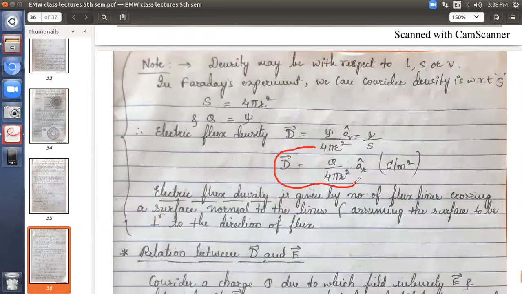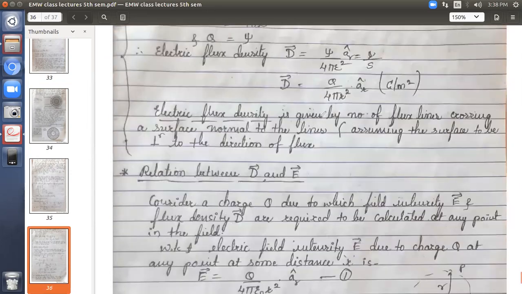This is about electric flux density. How will you define electric flux density? It is given by the number of flux lines, that is psi, Q equal to psi, crossing a certain surface area, with the area being normal to the lines.